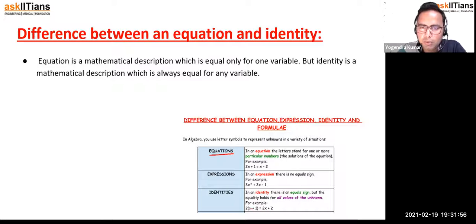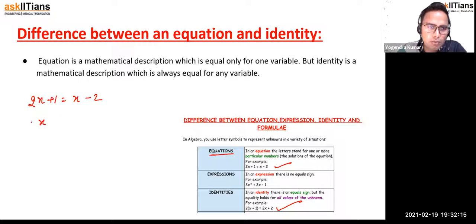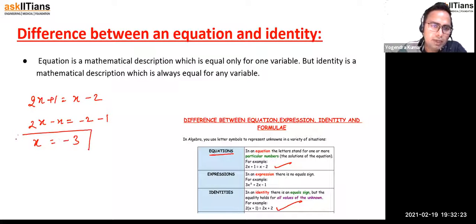It is true, right? 2 times (x plus 1) equals 2x plus 2. This is our identity, right? And this is what we call an equation: 2x plus 1 equals x minus 2, right? So when I solve it, 2x minus x, and then 1 I take to the other side, 2 minus 1. So here we are getting x equals minus 3. So x equals minus 3 is the solution for this.